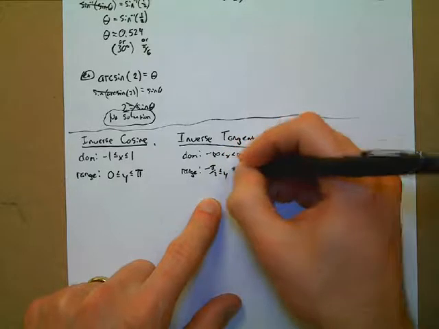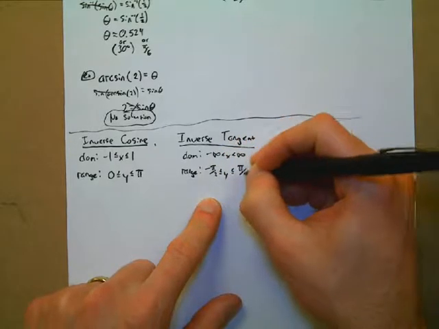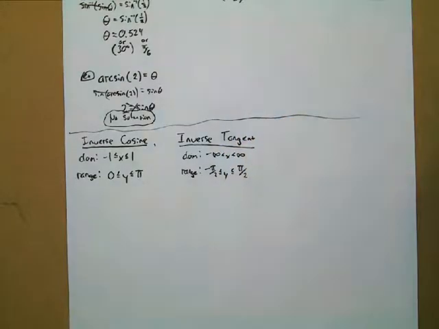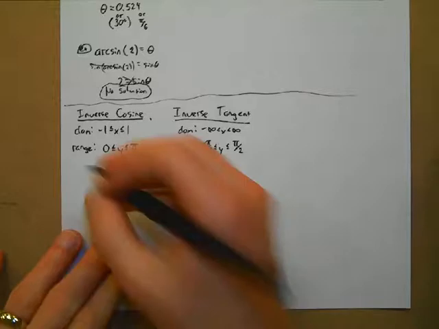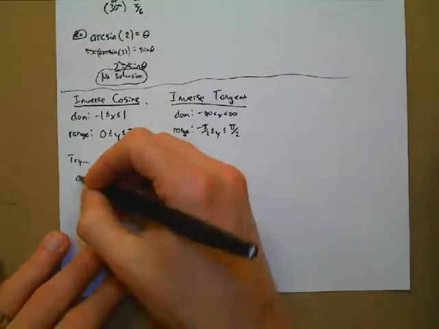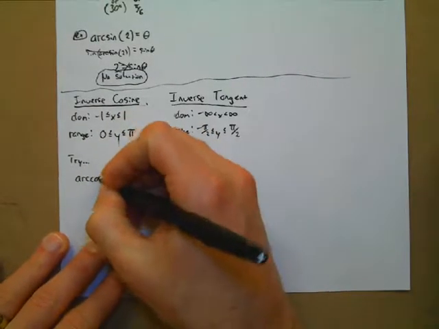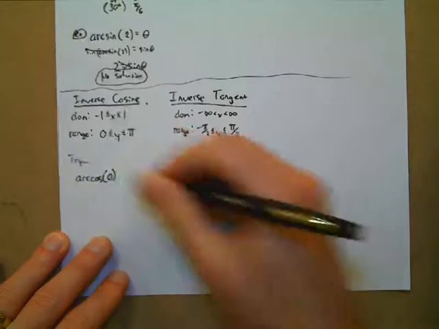All right, so you guys, I'll give you a couple here to try, because again, it's just pushing buttons in your calculator. So find the arc cosine of 0. Find the arc cosine of negative root 3 over 2.